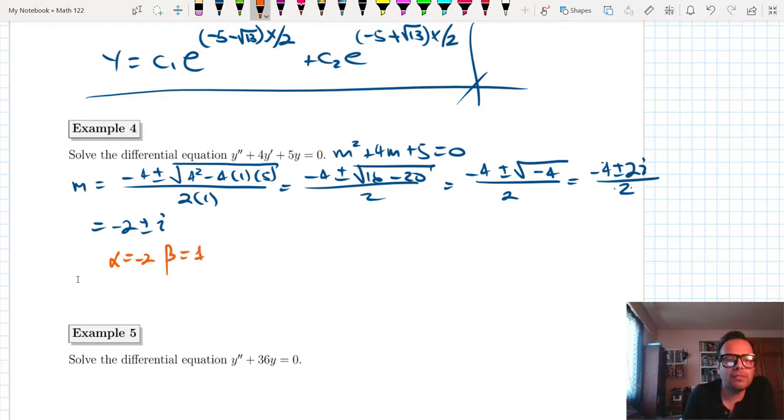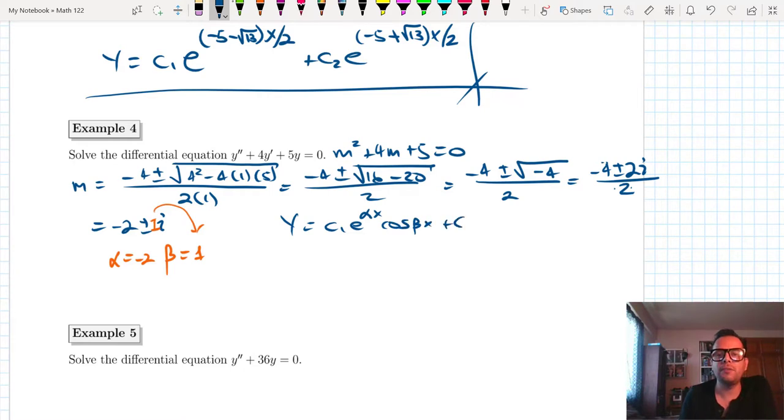Where is that 1 coming from? The number that multiplies the letter i, which is an invisible 1. Okay, so the solution to this type of equation is y equals c1 e to the alpha x cosine beta x plus c2 e to the alpha x sine beta x.